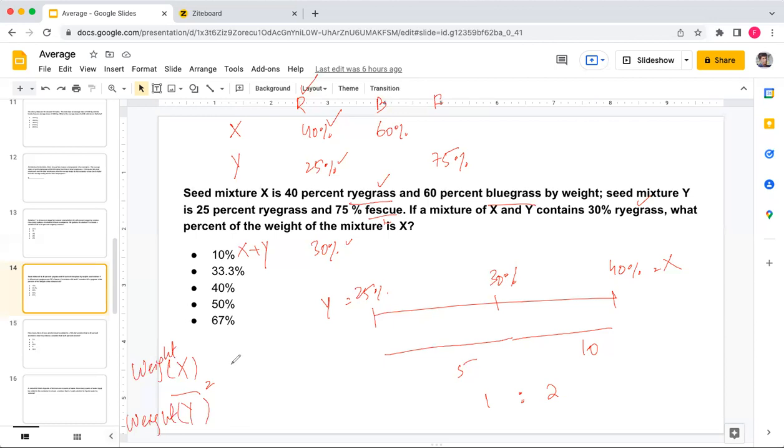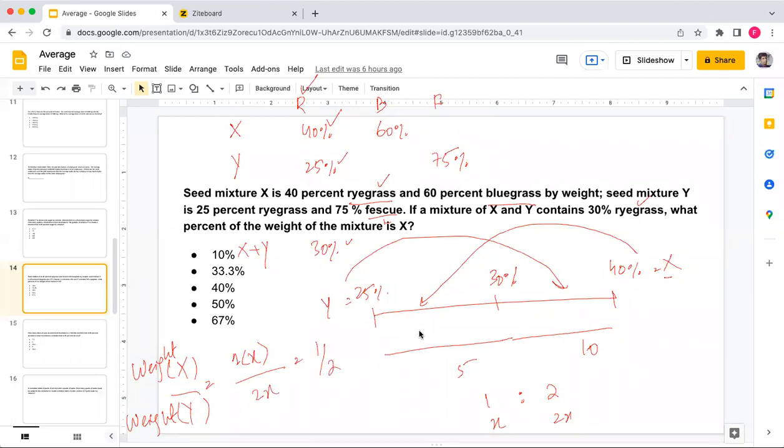No, 2 by 3. I told you that if this is X, the weight of X will be this one, which is 1. You can write this as X, and that's 2X. If this is Y, the weight of this will be this one, which is 2. So the weight of X will be X, or you can write 1X, and the weight of Y will be 2X, which is 1 by 2.